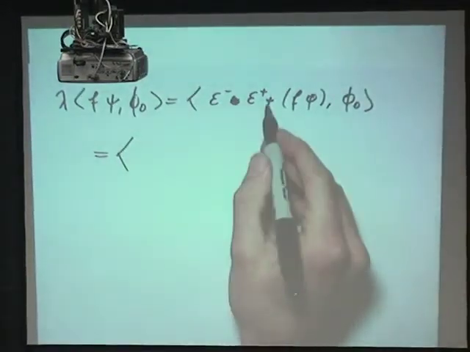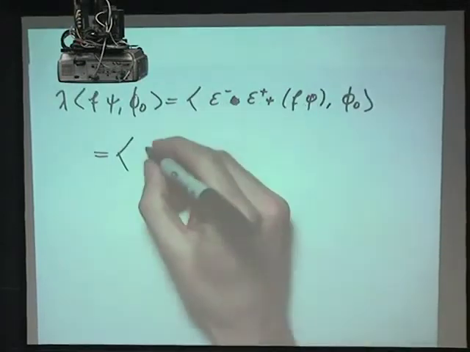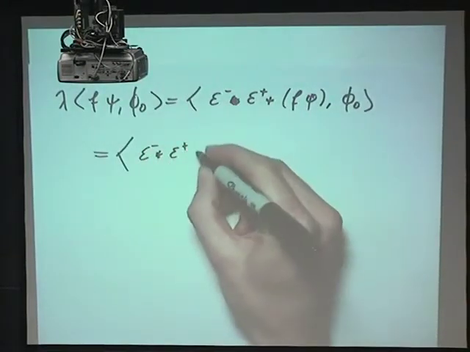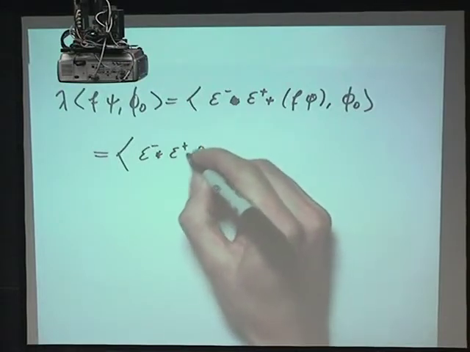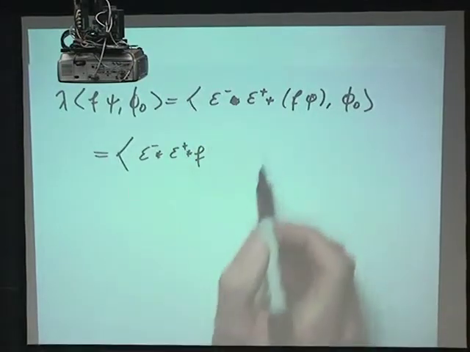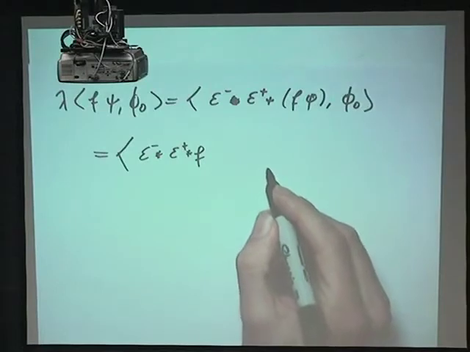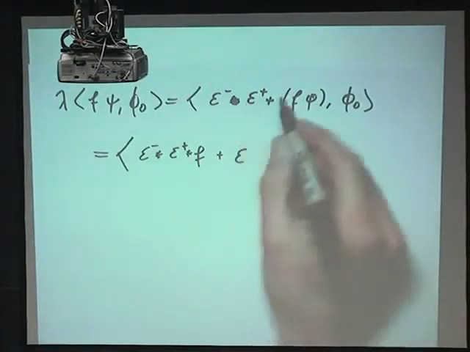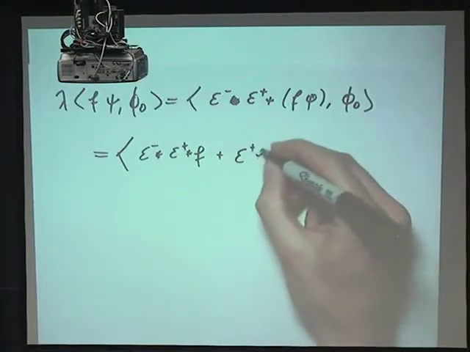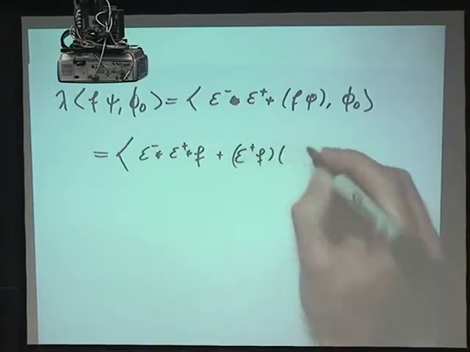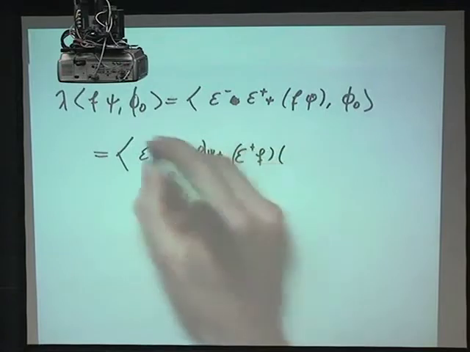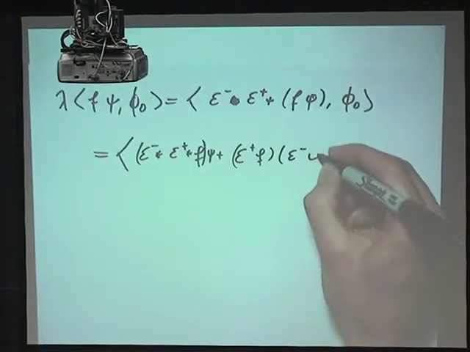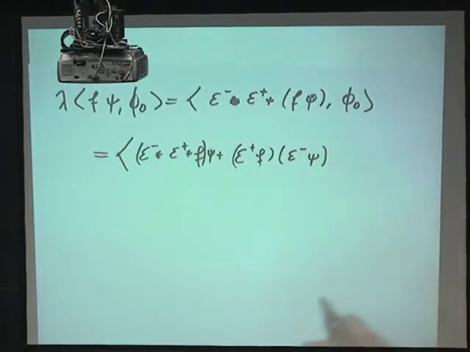So one possibility is that the E minus and E plus are both applied to the F. Another possibility is that the first differentiation E plus goes to the F, but the second differentiation goes to the psi.